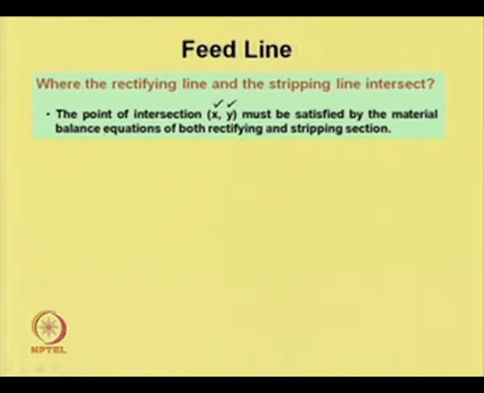If we do the material balance for both the sections, G y is equal to L x plus D xD, and G dash y is equal to L bar x minus W xW.